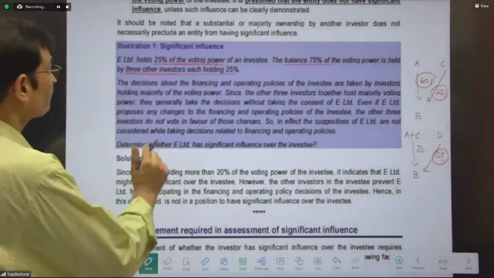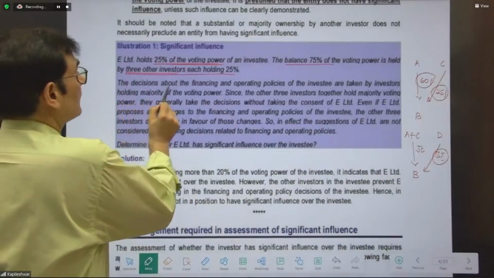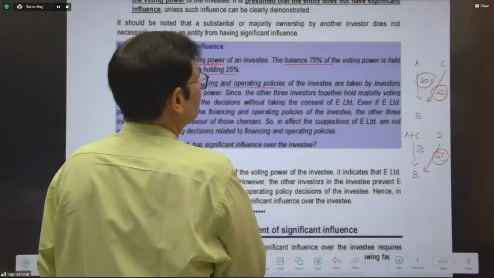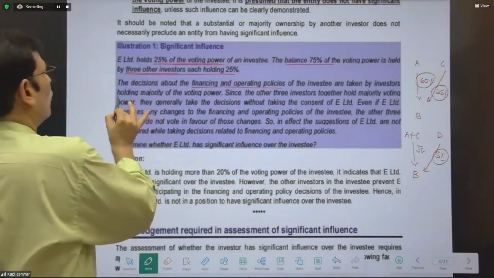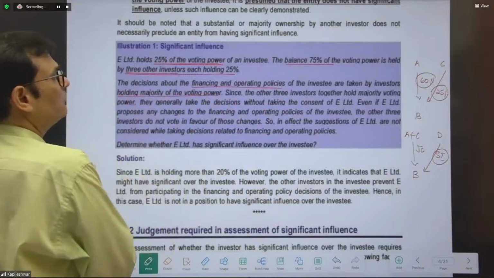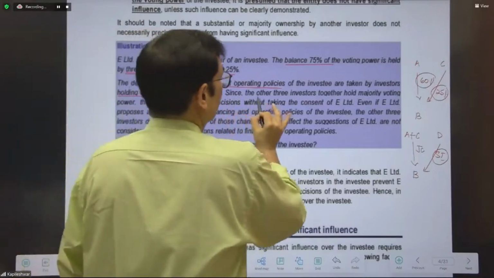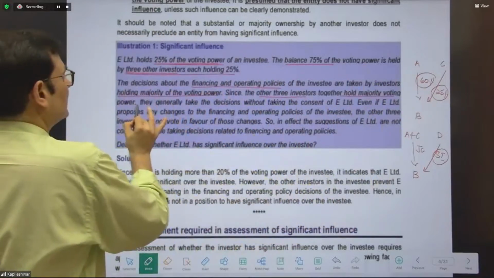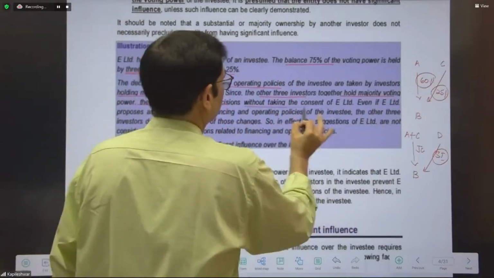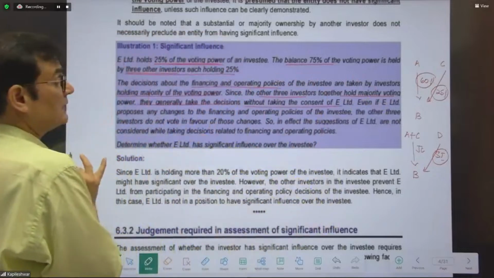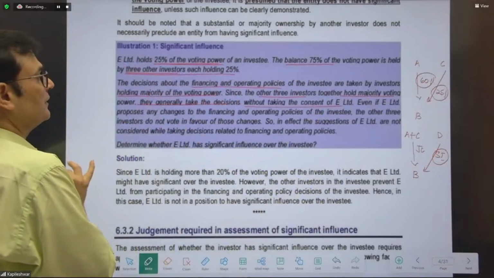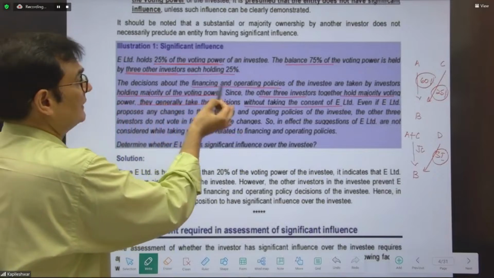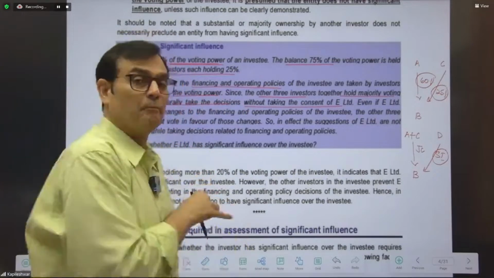Just to clarify, the decisions about the financing and operating policies are taken by investors holding majority of the voting power. Since the other 3 investors together hold majority voting rights, they generally take decisions without taking the consent of E. Since decisions are taken by majority, they do not involve him in terms of taking decisions.